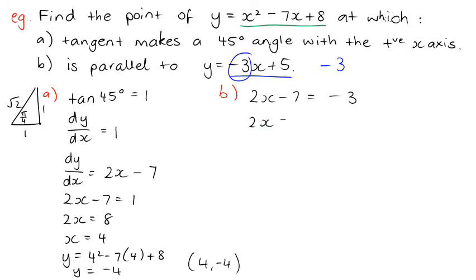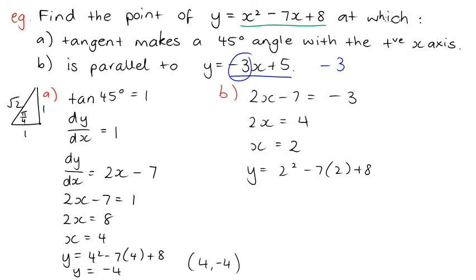So then from there, it's just rearranging. So x equals 2. y equals 2 squared minus 7 times 2 plus 8. Oh, I think I made a mistake on the sheet.